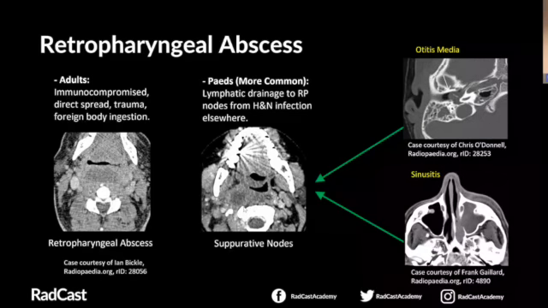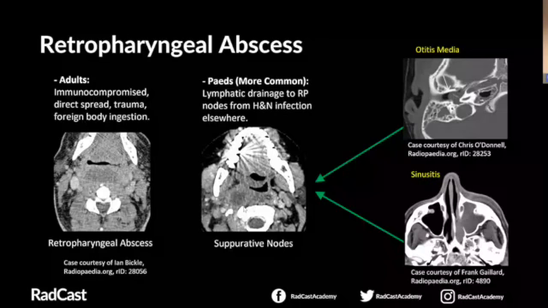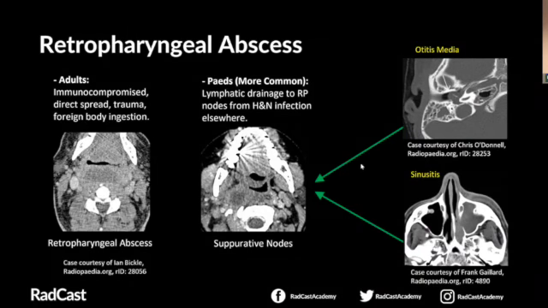So if it is a lateralized suppurative lesion, then it's a suppurative node. But eventually it becomes indistinguishable from an abscess. Sites of the initial infection, which might drain to the retropharyngeal region, include the nose, so it might be otitis media or sinusitis.